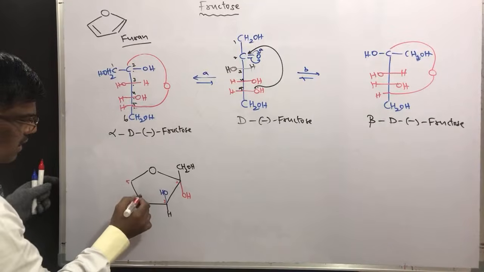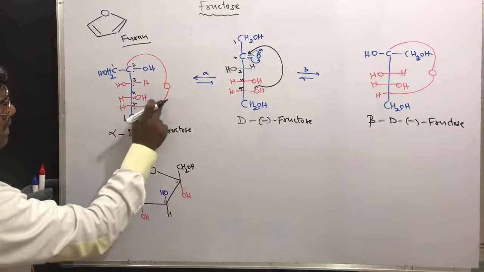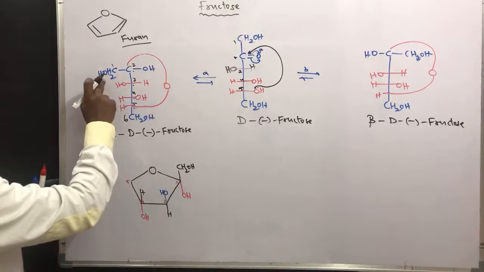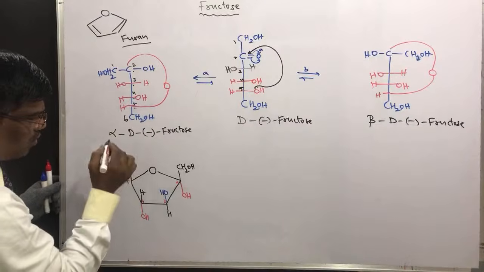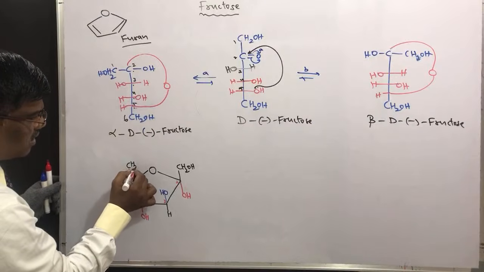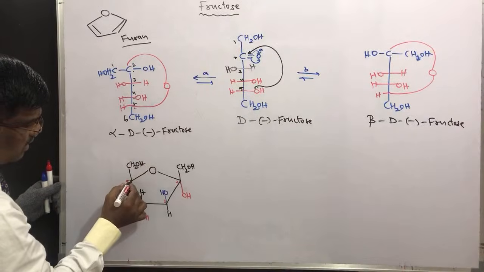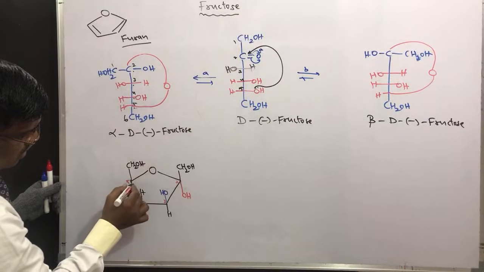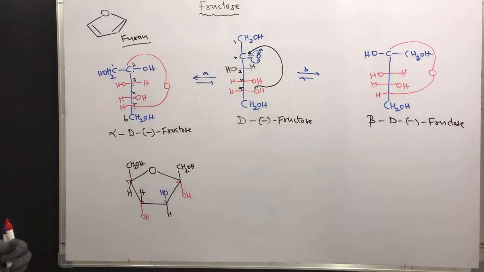So let us write here. And this C5, yes, right side, it is already right side. And what about this CH2OH? This CH2OH usually takes up this, and the hydrogen is here. Yes?